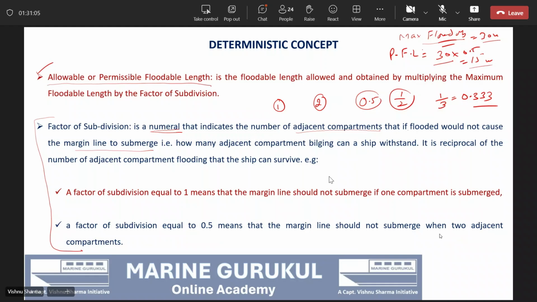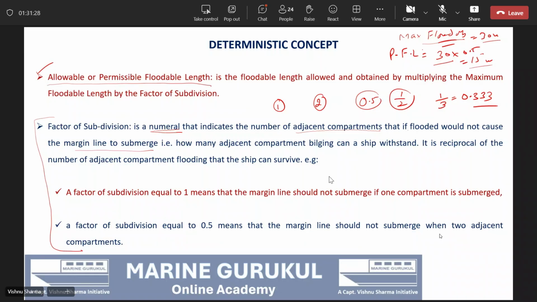Now, the deterministic method will not factor that in. For it, whether it is a protectively located compartment or not, both will be treated the same way. So the deterministic method was becoming over conservative. It was good for the safety of the ship, but it was somewhere becoming over conservative.